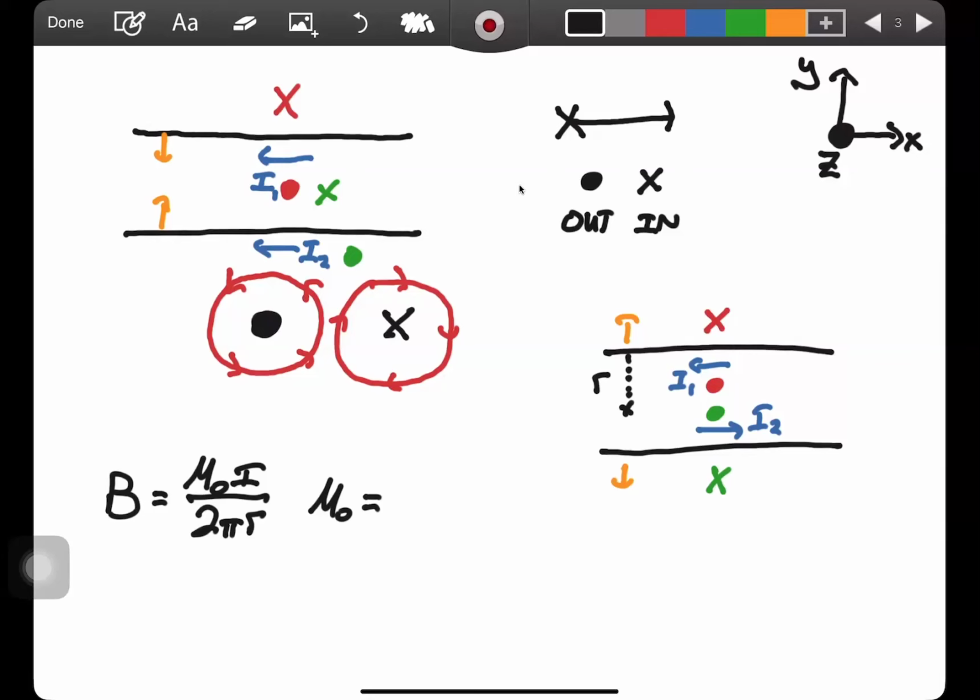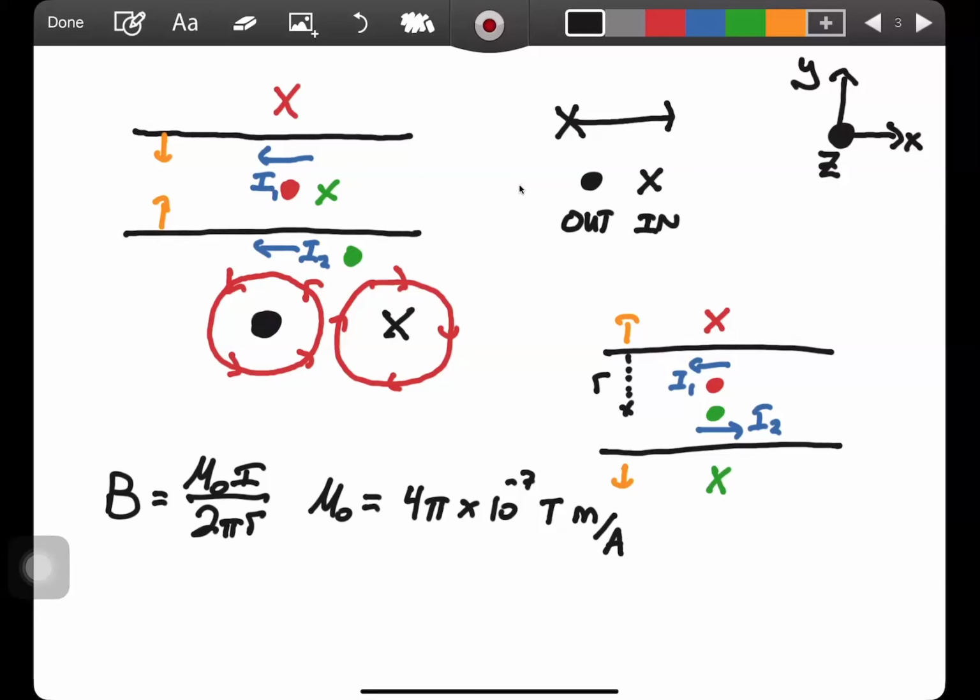And so for the permeability of free space, this is defined as 4 pi times 10 to the minus 7 Tesla, and Tesla is the unit for magnetic field, multiplied by meters per amps. Amps is the unit for current.